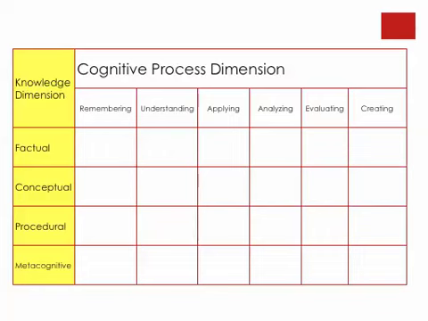Anyway, factual and conceptual knowledge is very similar to the old cognitive domain, not much new there. But procedural learning is now infused directly into the conception of the taxonomy. It's thought that everything has an action or a procedural aspect associated with it, and this new conception captures that idea.